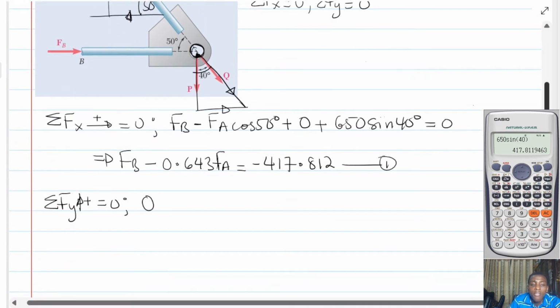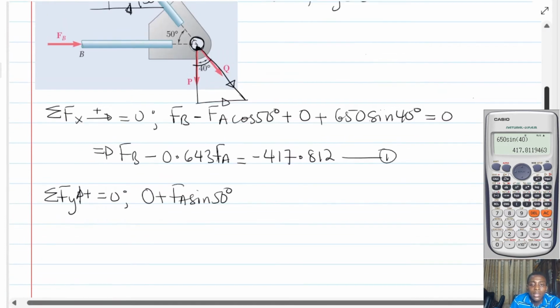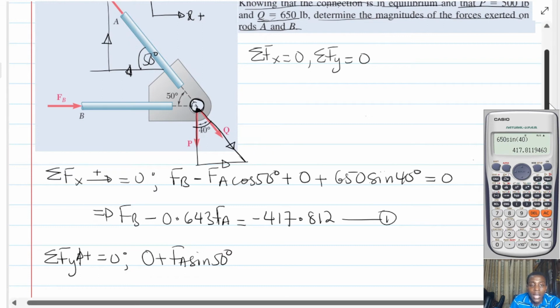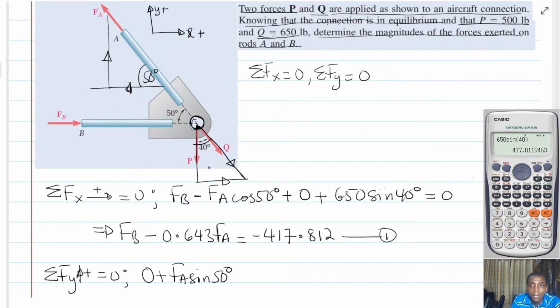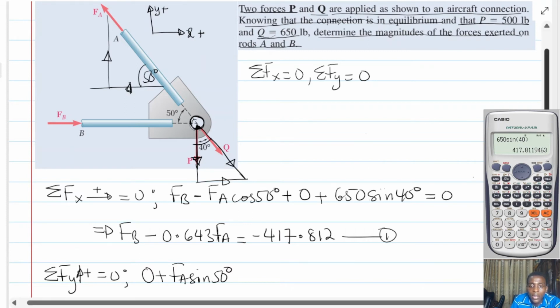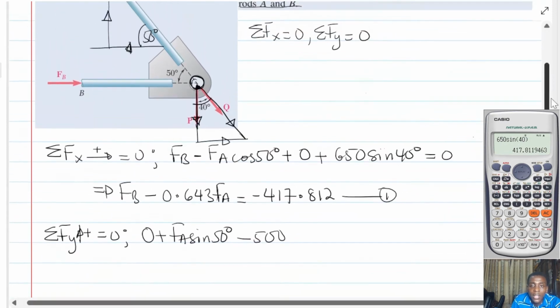So it's going to be plus FA sine 50 degrees. Now, P is coming vertically downwards, and that is 500, so it's going to be minus 500 because it is coming down.